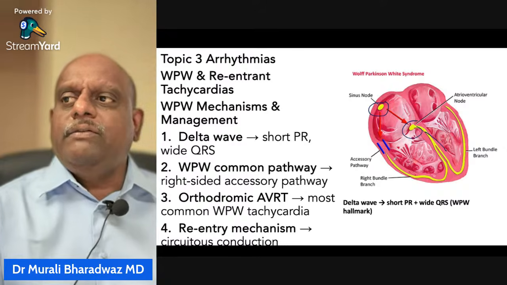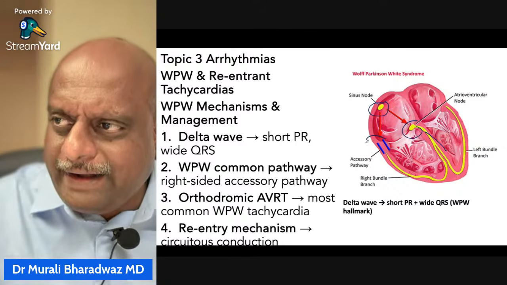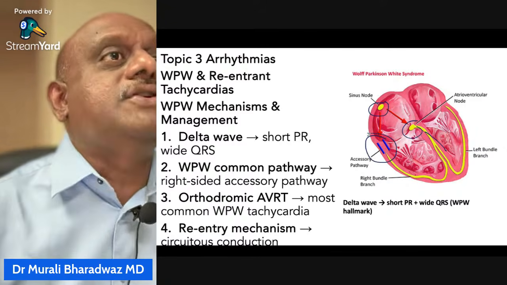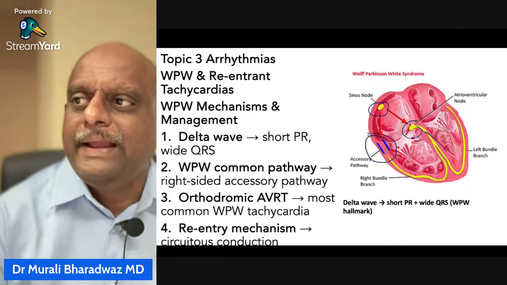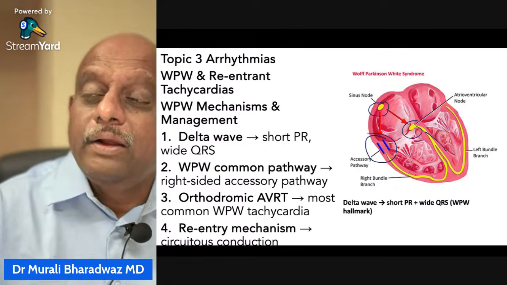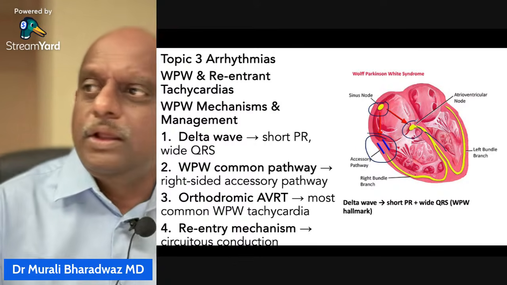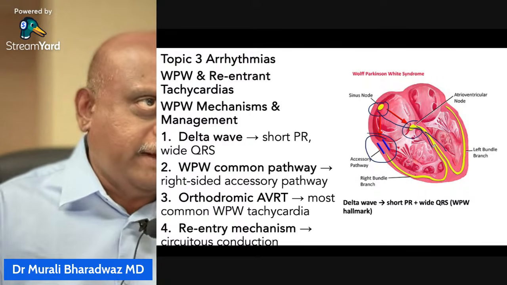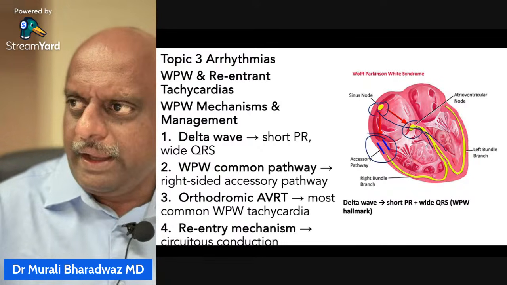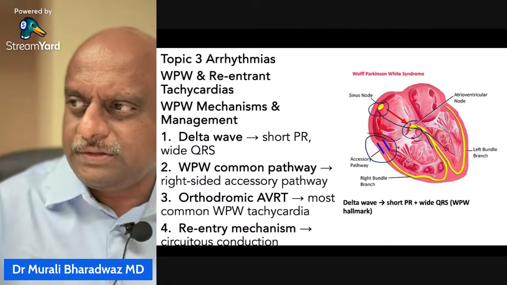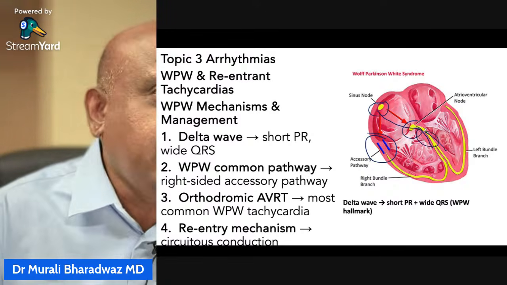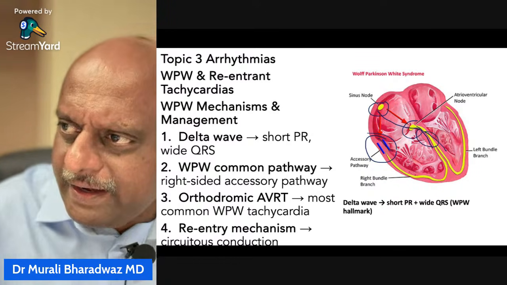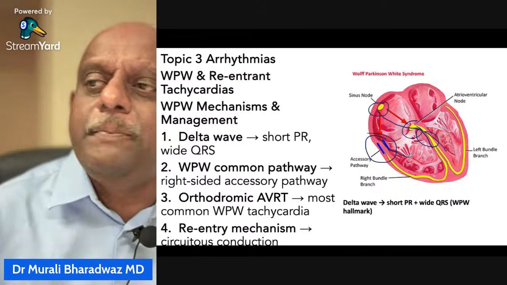Now, whenever you have a reentrant pathway, an accessory pathway, what will happen? The normal SA node will send through the AV node into the ventricle, and that leads to a QRS complex, and this reentrant pathway will also send a depolarization.